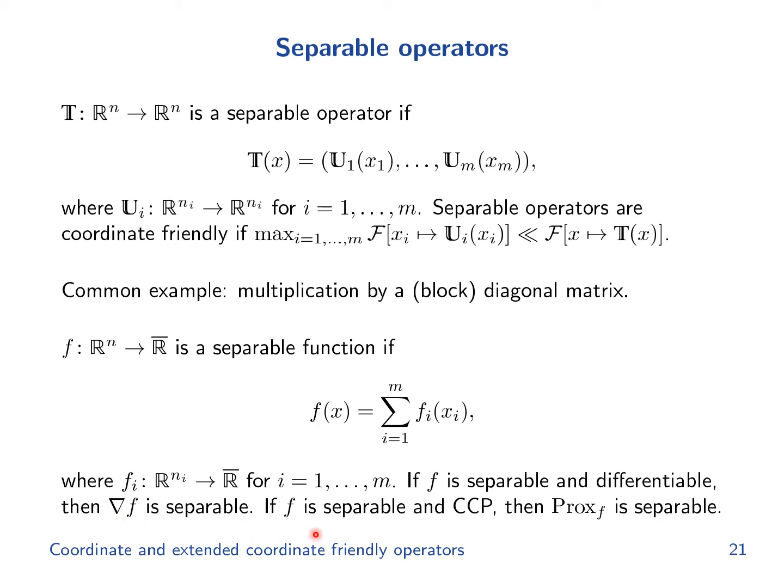If f is separable and CCP, then its proximal operator is separable because it decomposes into the independent proximal operators of every f_i. Hence, if all the f_i's are easily differentiable, or all the proximal operators of f_i's are easy to compute, then the gradient and the prox of f are coordinate-friendly, respectively.